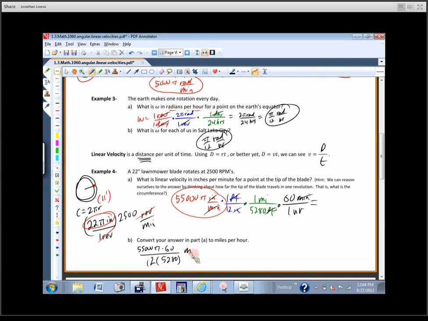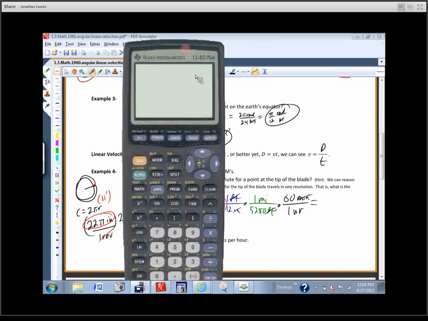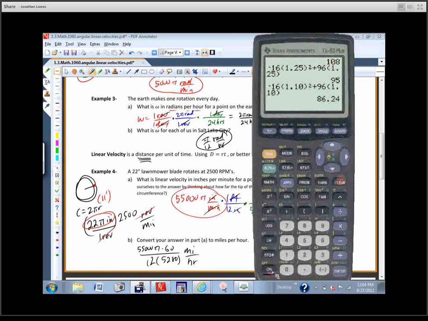And that's going to be in miles per hour. So let's grab a calculator, type that stuff in. So 55,000, and then I do a pi, and then I do times 60, and then I do divide. Everybody watch, please. 12 times 5280.